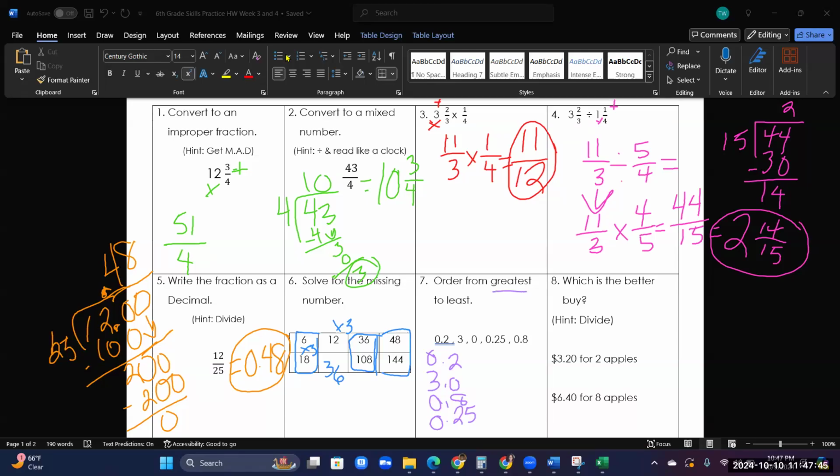All right, they said from greatest to least, so that means largest to smallest. Looking in the first column, we will see 3 is the largest. Go ahead and fill in those missing zeros. Looking in the second column, we will see 8. 0.8.